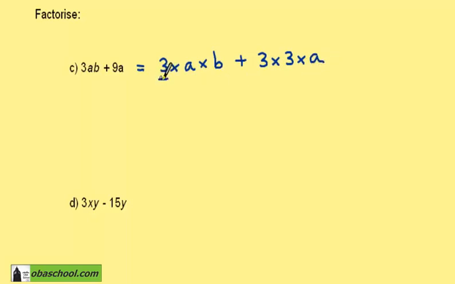We have a 3 in both terms. We have an a in both terms. So we can write down 3a and open a bracket. We're left with the b, a plus sign, and a 3.